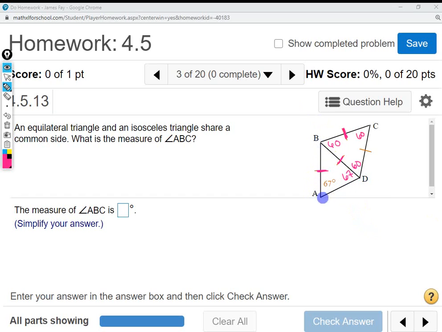What's 60 plus 60? 120. What's 7 plus 7? So you've used 134 degrees, right? What would be left over then? 46.